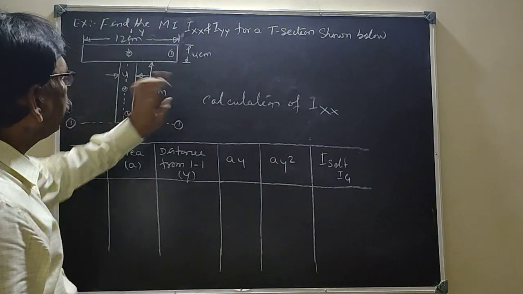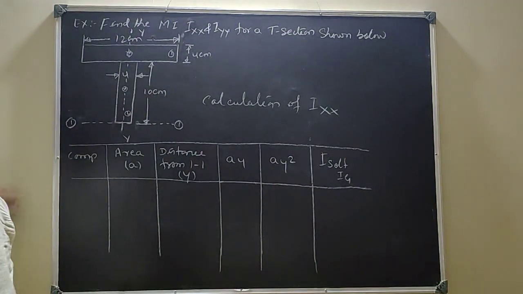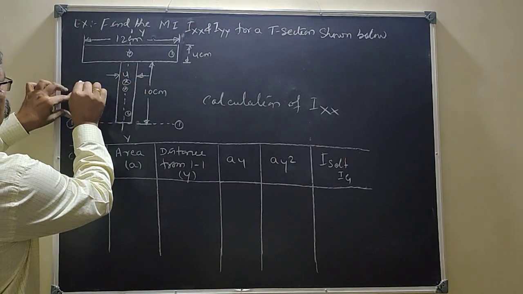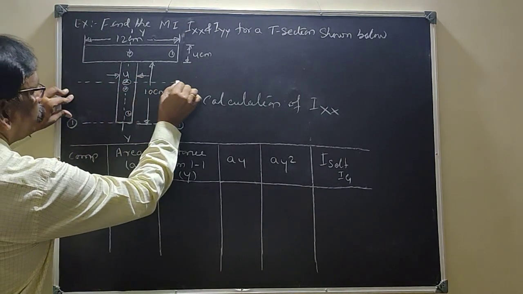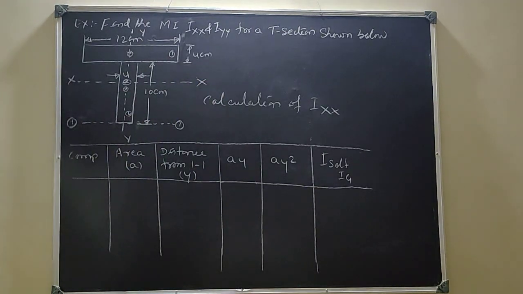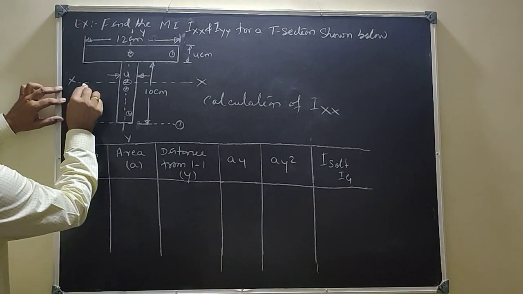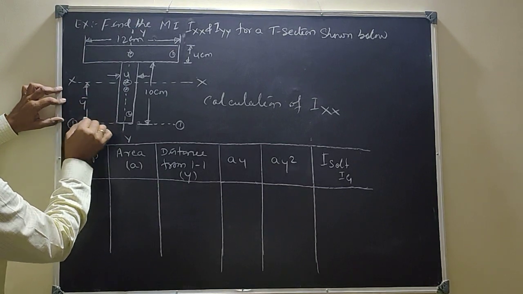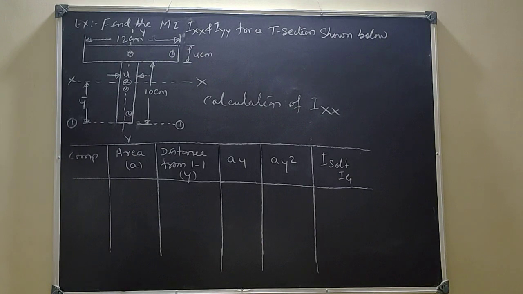Because this figure is not symmetrical about the XX axis, its center of gravity will be somewhere here, so that we will have to calculate. This will be the central axis XX, which is first to be located. So we calculate y bar, and then apply the parallel axis theorem to find the moment of inertia of this composite section.